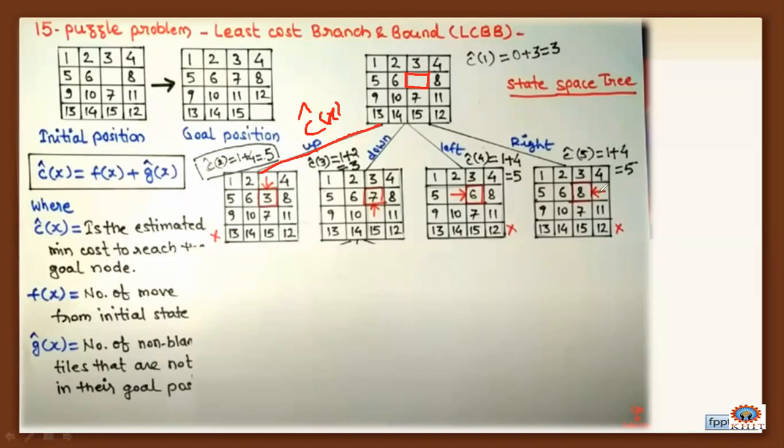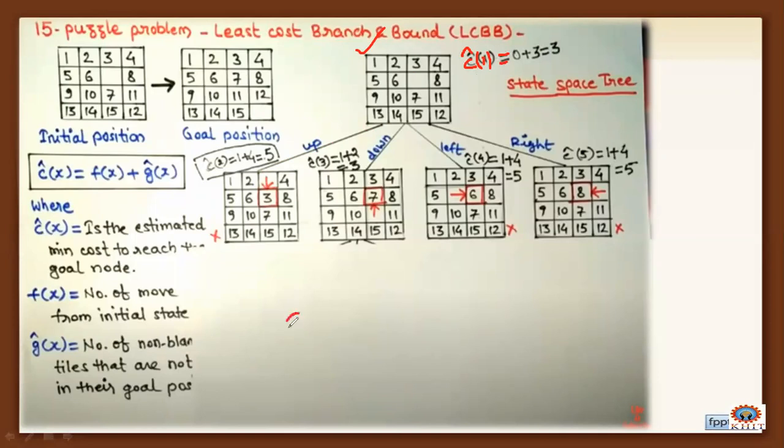Now let me consider this as the given problem. In the given problem, first I need to calculate the value of C cap of 1. So this is the first frame.